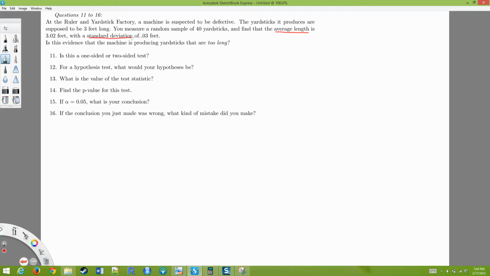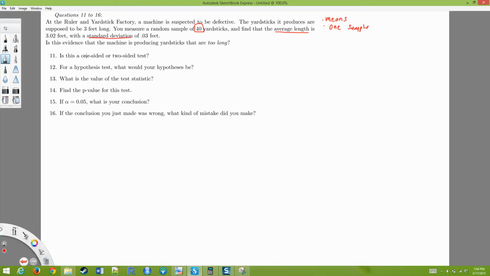So the standard deviation with a number only appears if we are dealing with means. Okay, so we've got means, and how many samples? 1 or 2? Only one sample. One sample of 40 yardsticks.